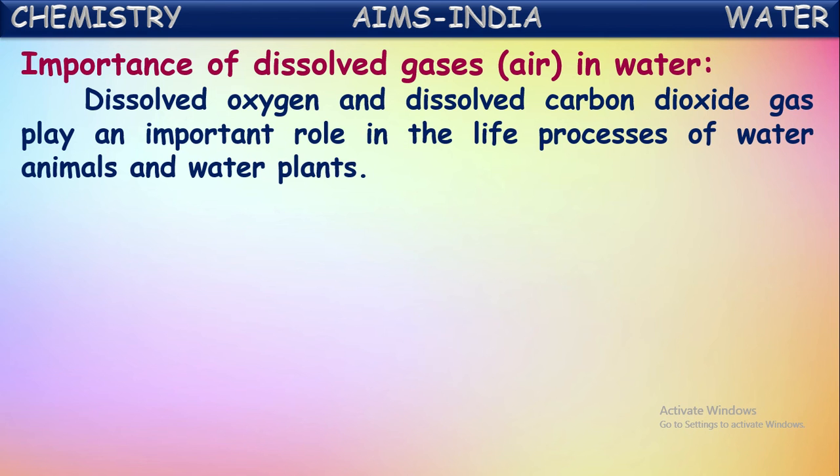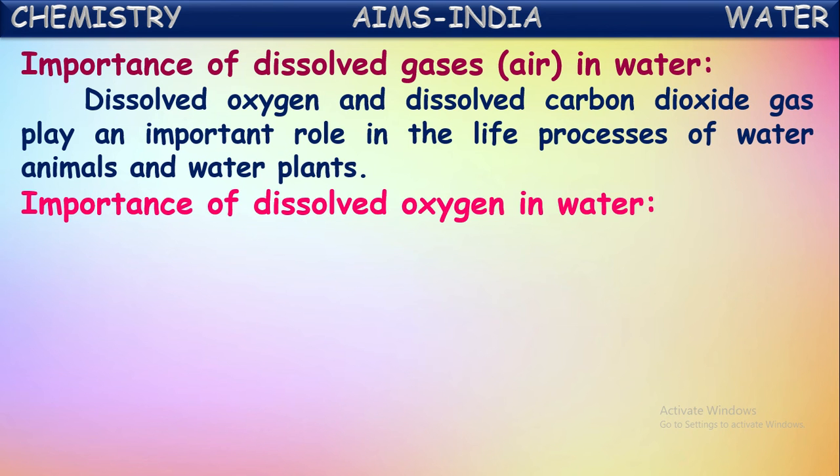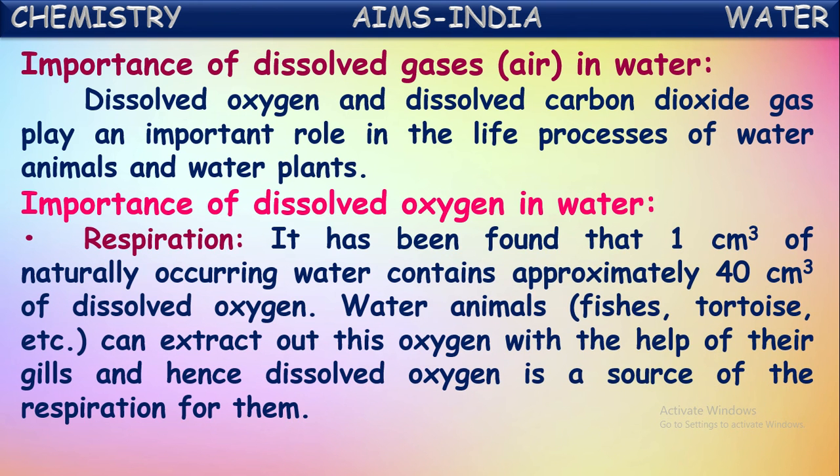For these aquatic animals and aquatic plants, dissolved oxygen and dissolved carbon dioxide are very important. Now let us see how dissolved oxygen gas is important. Okay, importance of dissolved oxygen in water. Mostly this dissolved oxygen gas is used by aquatic animals in their respiration process.